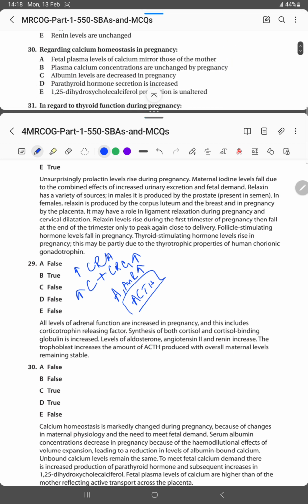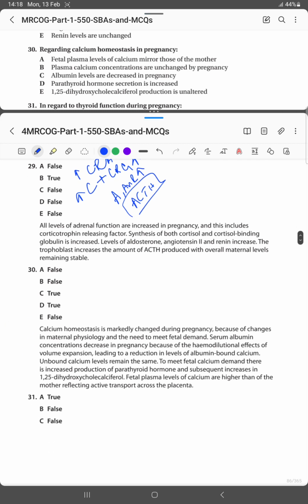Now the next question is regarding calcium homeostasis in pregnancy. Calcium homeostasis is markedly changed during pregnancy because of the changes in maternal physiology and the fetal demand.